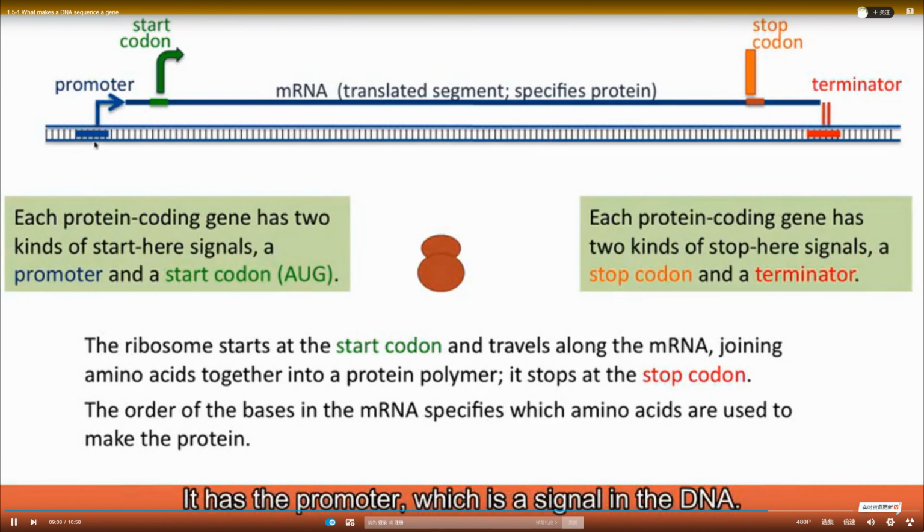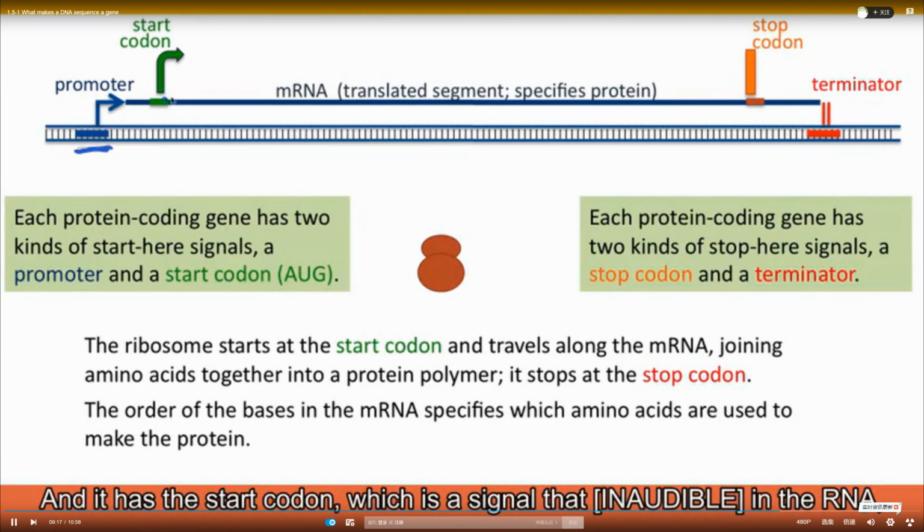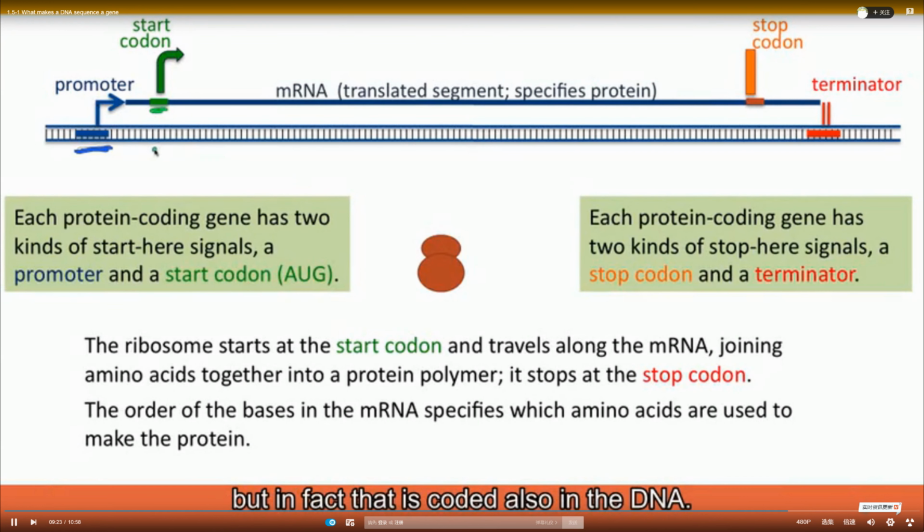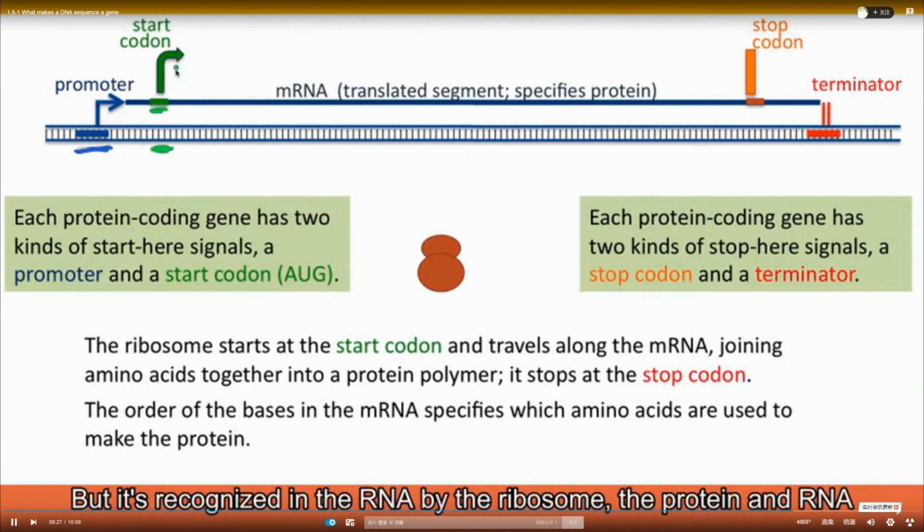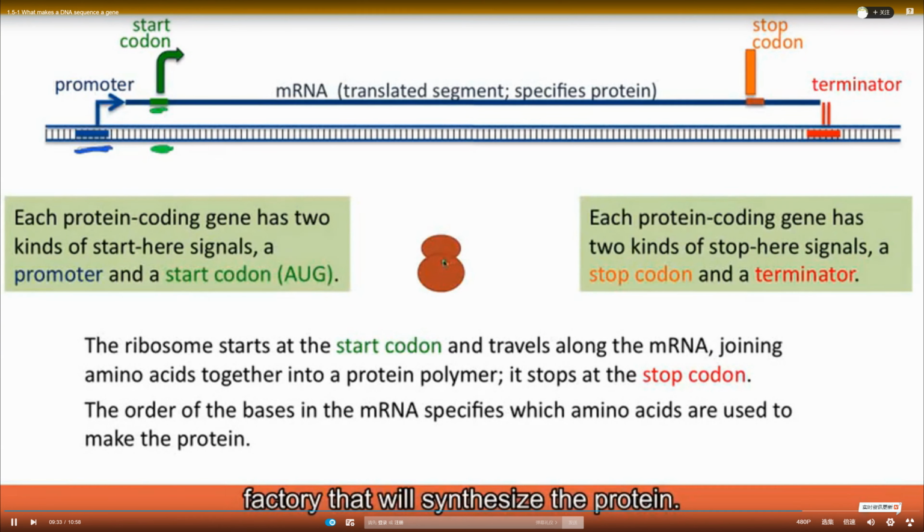It has the promoter, which is a signal in the DNA, and it has the start codon, which is a signal that acts in the RNA, but in fact that is coded also in the DNA. But it's recognized in the RNA by the ribosome, the protein and RNA factory that will synthesize the protein.